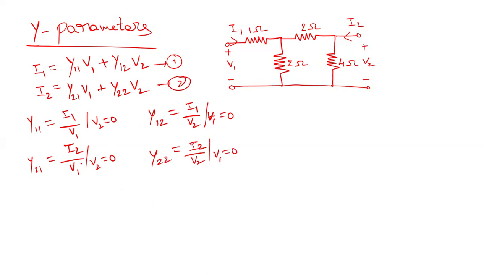So to find Y11 and Y21, we need to apply the condition V2 equal to 0, and to find Y12 and Y22, we apply the condition V1 equal to 0 in the given two-port network.